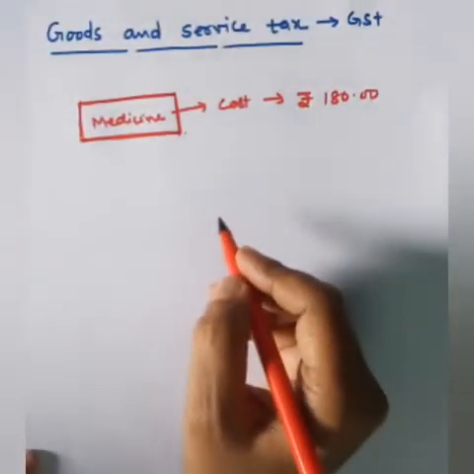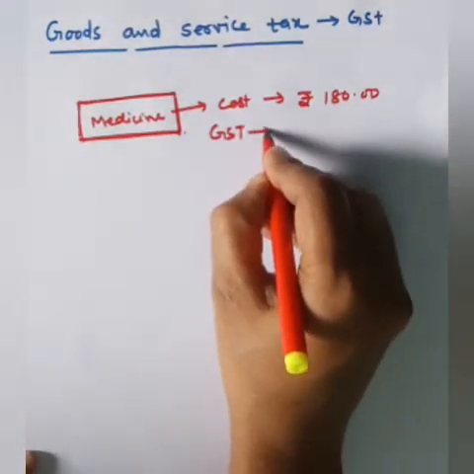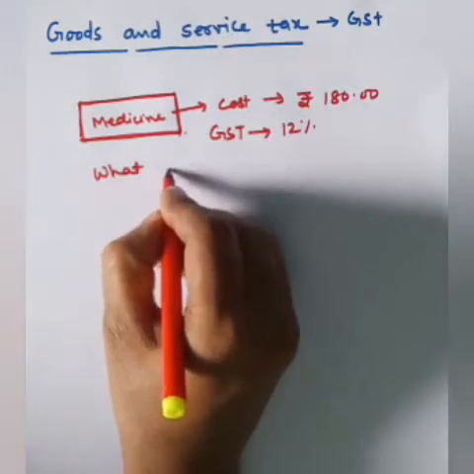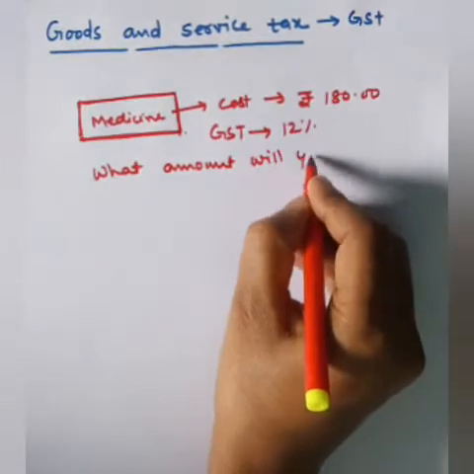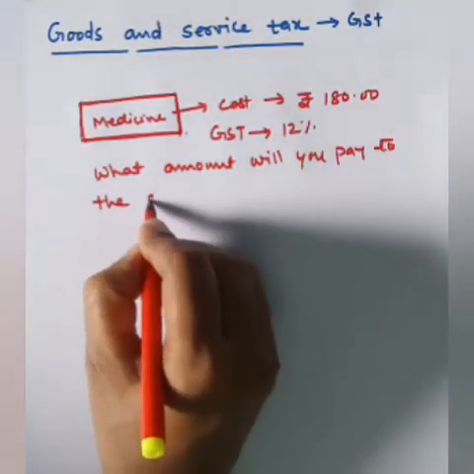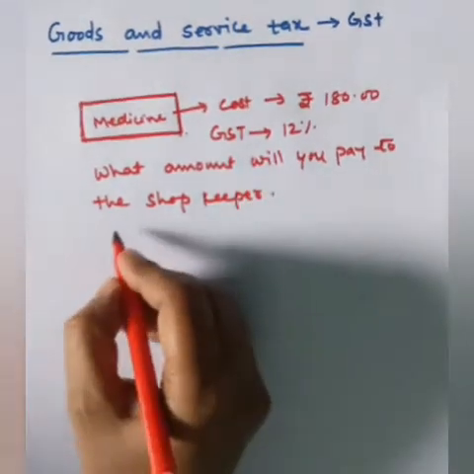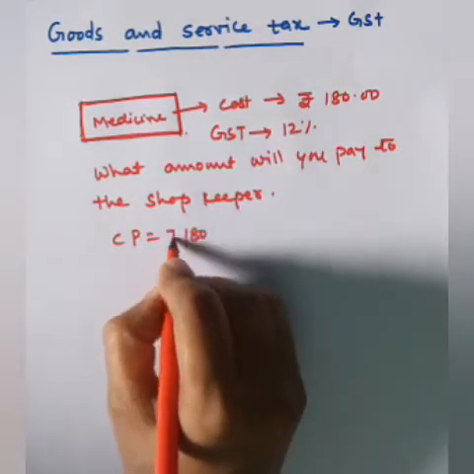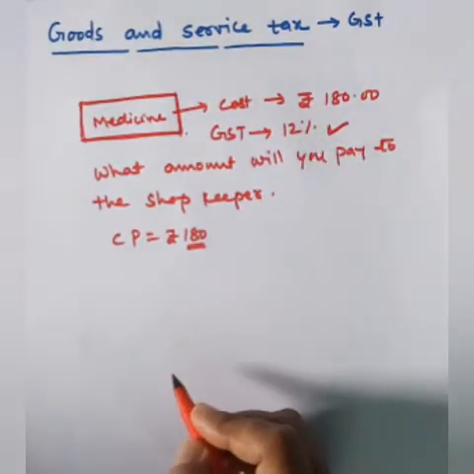Now if the shopkeeper says that the GST on this strip is 12%, then what amount will you pay to the shopkeeper? So here what we have to see is that the cost price is 180 rupees, and above this he will charge 12% of 180 as GST.